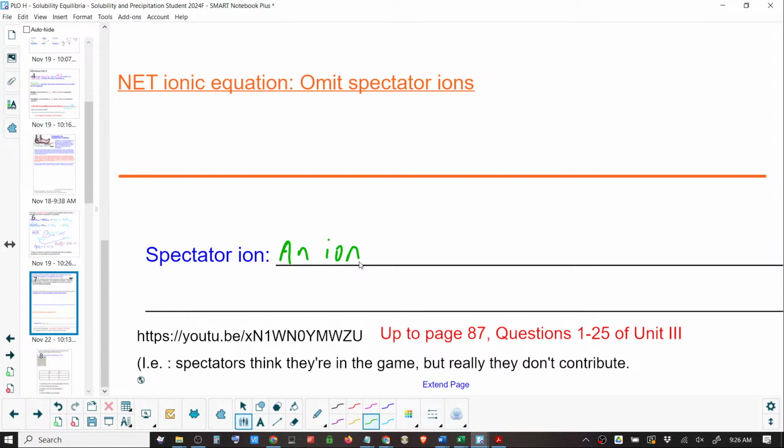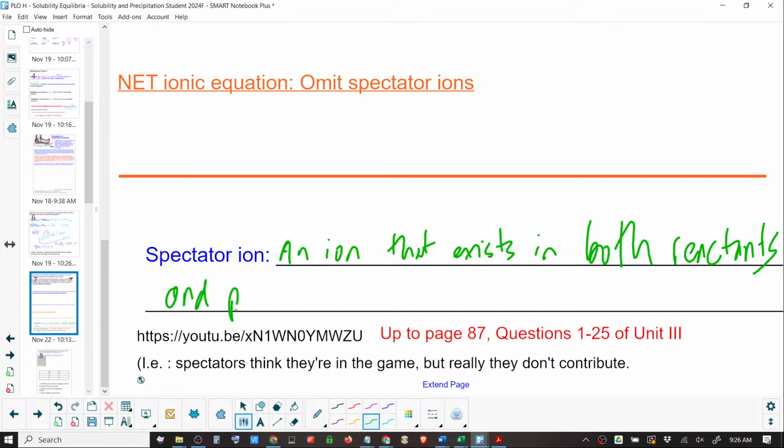It's the same in the reactants and products. An ion that exists in both reactants and products. Because it's an ion on both sides, we can cancel it out. If it became a solid, it wouldn't be an ion anymore.